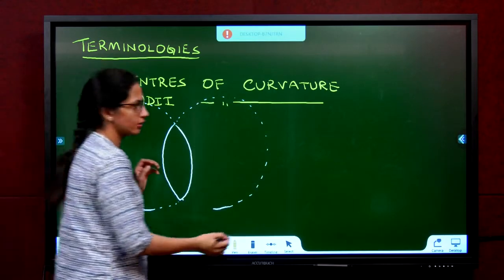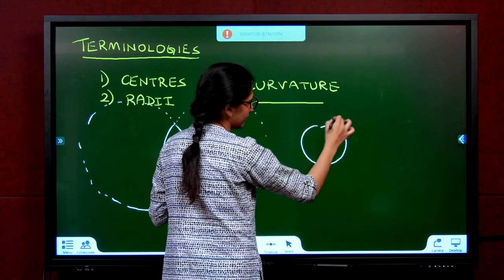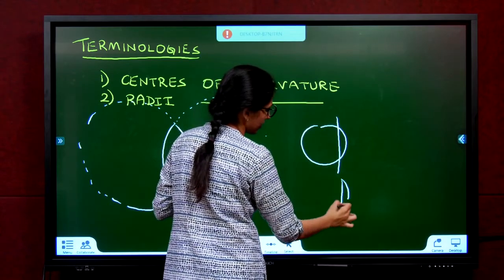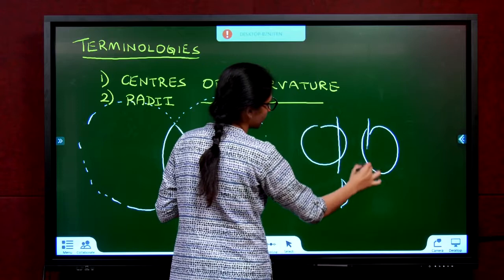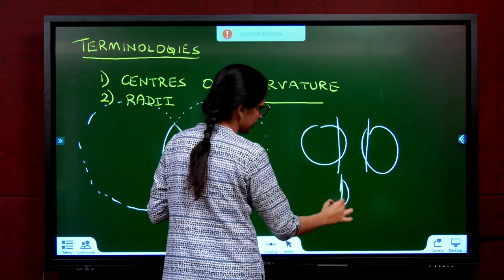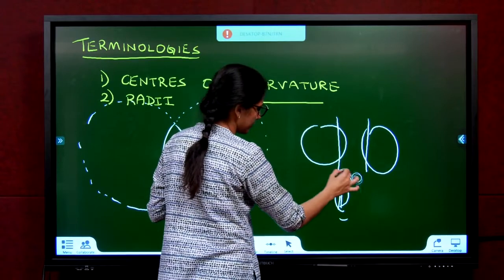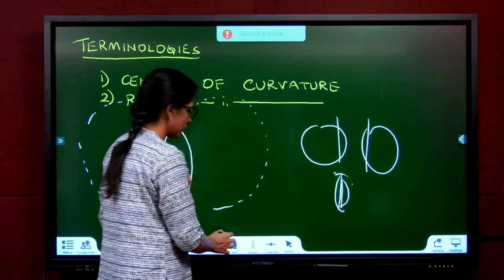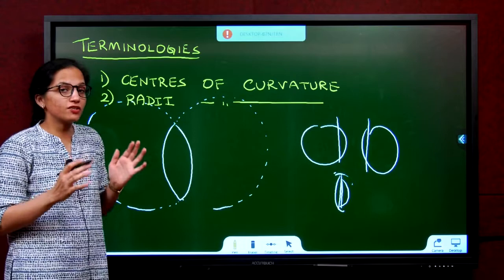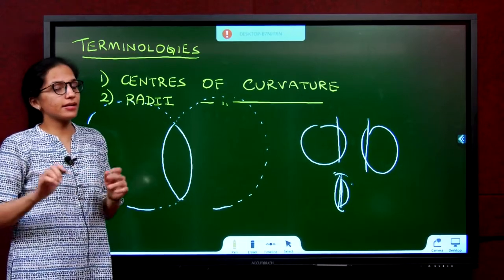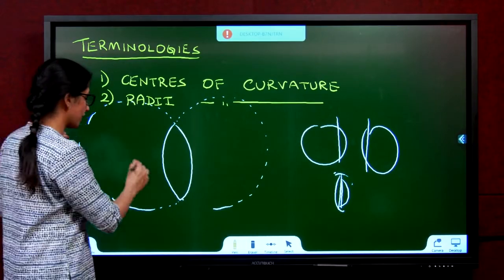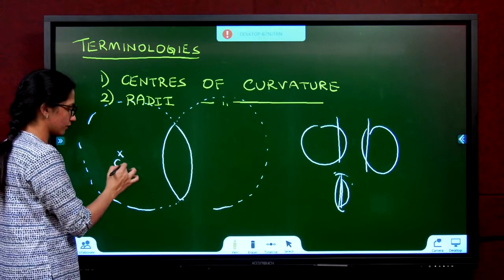That means, if I have a glass here, I am cutting this, and I am cutting this from another glass, bringing that here and joining it. See, I got a convex lens. I hope it's clear. So, they are a part of two different spheres. It can be same radius or different radius. So, there are two centers of curvature.